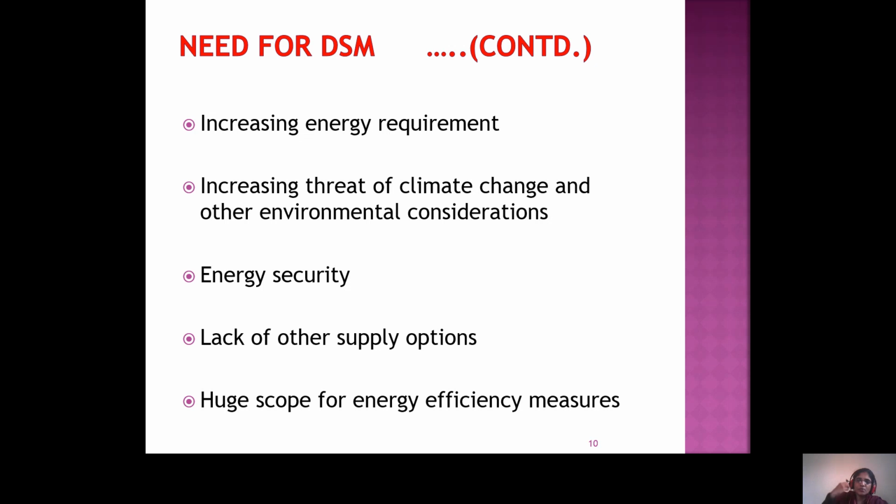When you use demand side management, you address these increasing energy requirements and the threat of climate change, along with the benefits of energy security and huge scope for energy efficiency measures.